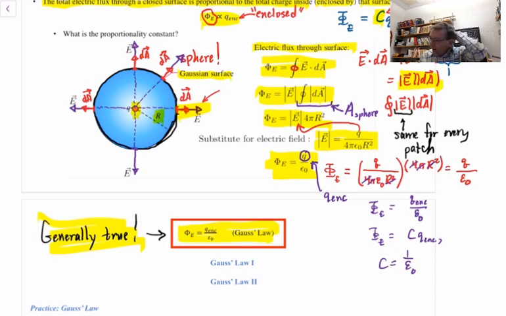I derived it for a special case. It is generally true. You want to see the general proof? You take Physics 360. Again, Gauss's law says in general that the electric flux through any closed mathematical surface is equal to the total charge inside that surface over epsilon 0. It's got to be charge inside.